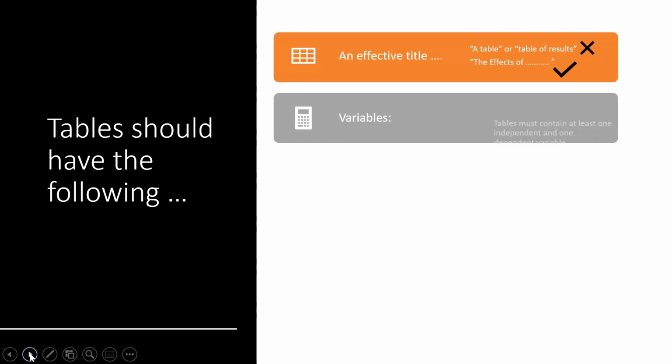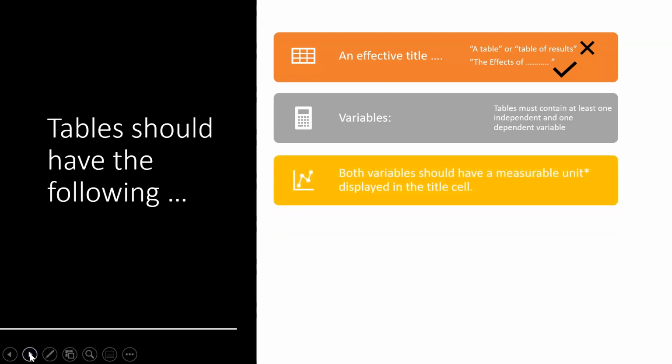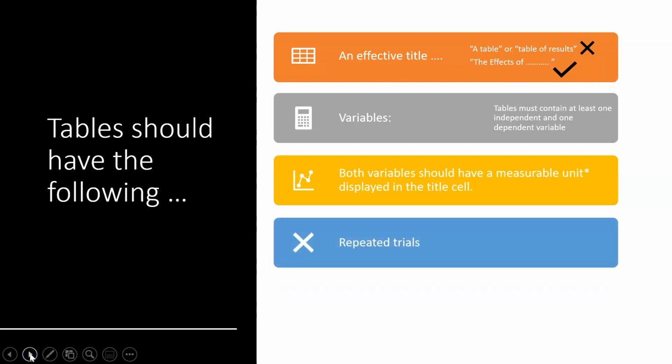All right, you should have your variables in there. A table should contain at least one independent and at least one dependent variable. There will come a time where you might be looking at more than one, but they should have at least one of each. Both variables should have a measurable unit displayed in the title of each cell. So if you're talking about height, you should have height in centimetres. If you're talking about the number of plants, okay, that's measurable.